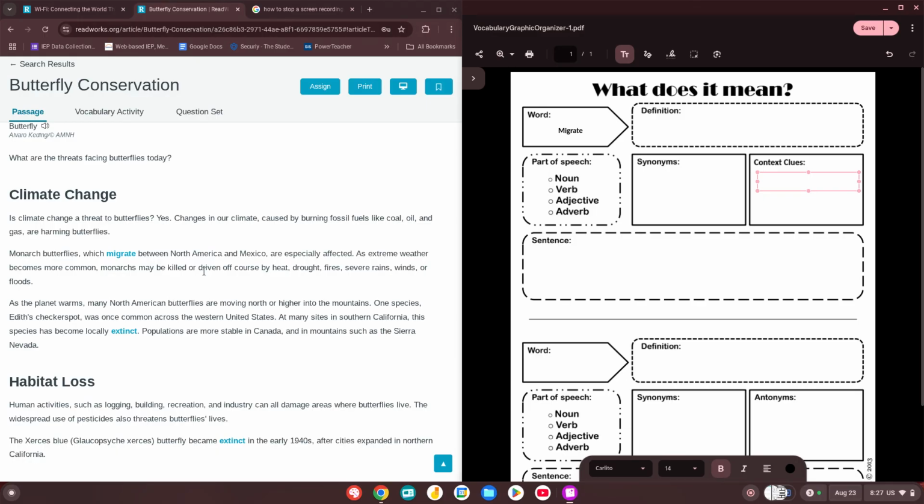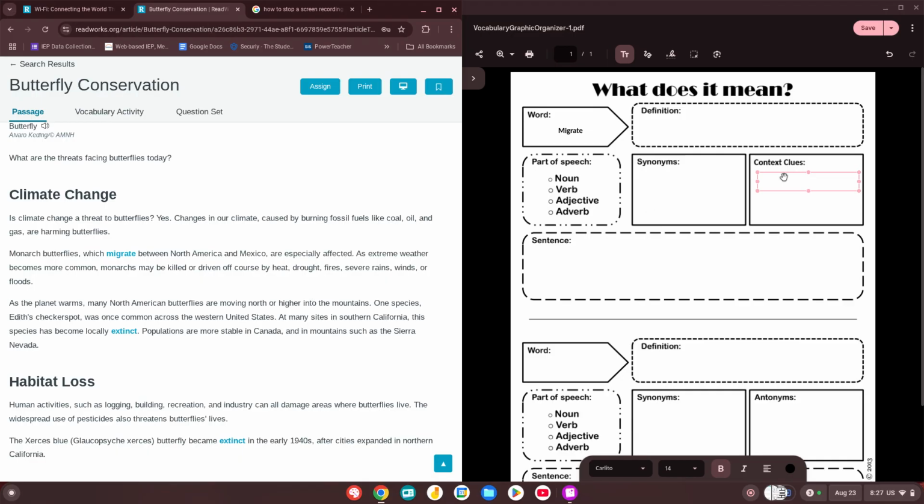The words that are giving me some clues are driven off course. Usually that means we're traveling, we're moving. So let's see if that works here. Monarchs which travel between North America and Mexico are especially affected. That makes sense to me.